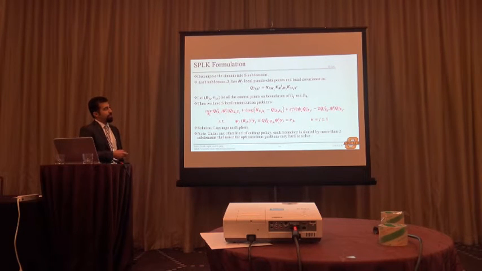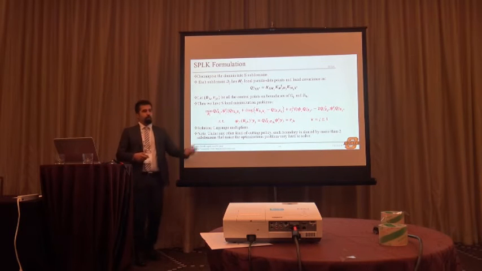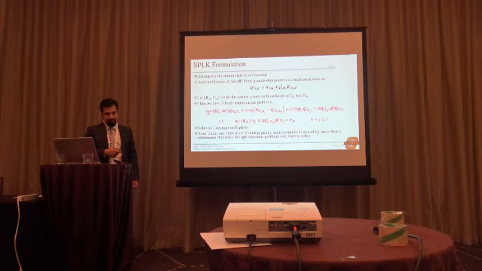So if JK is the boundary between subdomain J and K, we minimize this local function with the restriction that local predictors should be equal to each other on the joint boundaries on these control points, and the solution would follow Lagrange multipliers. It's sort of tedious, so let's not talk about it here.